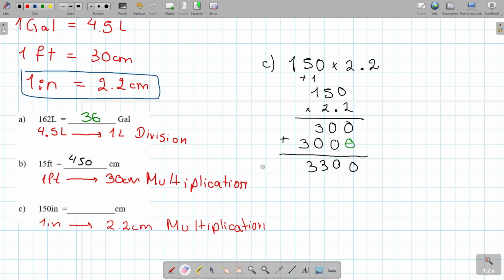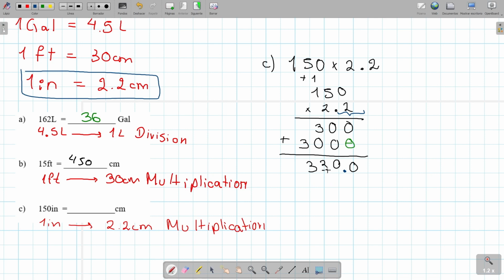The most important detail is that when we are working with decimal places, we have to count. How many decimals were here? It's supposed to have 1 decimal place, right? So the result is going to have 1 decimal place as well.